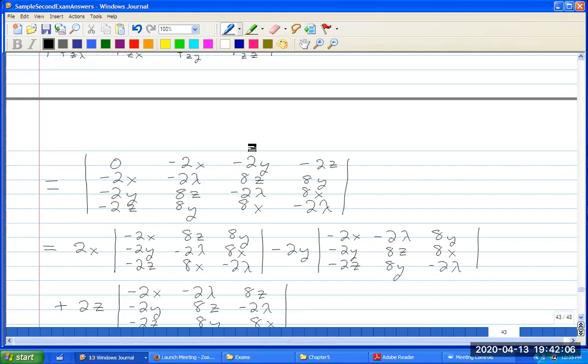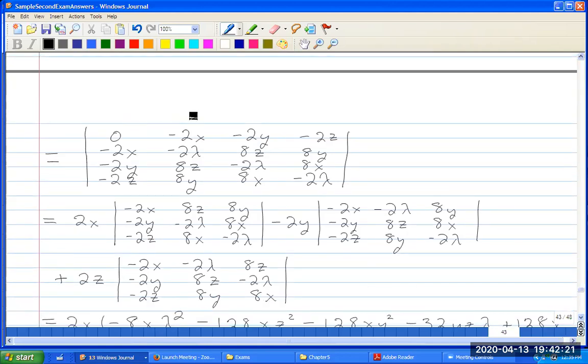Then it's plus, minus, plus, so plus a negative 2y. Get rid of this column in this row to get the next determinant. Plus, minus, plus, minus. So minus a negative gives you plus 2z. Get rid of this column in this row, so you just get the determinant of this.